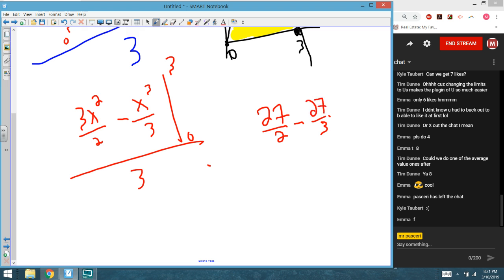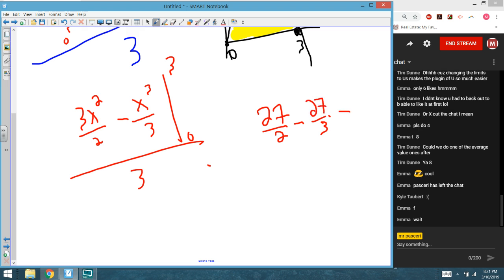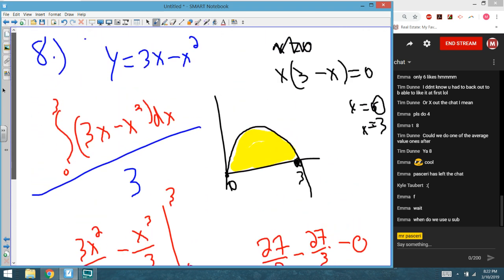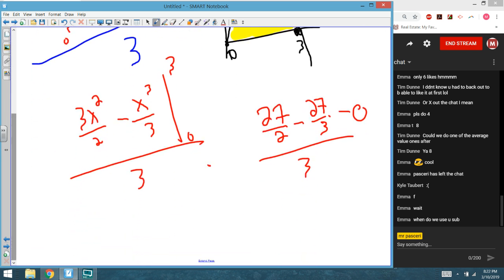And then we have to subtract out the 0 thing: 0 over 2 minus 0 over 3, which really is just 0, and we're going to divide this all by 3. We don't need a u sub in this situation, it turns out. So you're in luck.